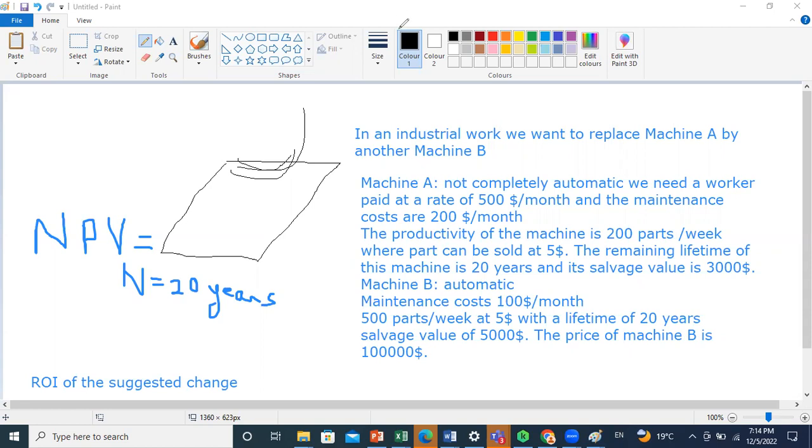So our choice will be to replace A by B. If you want to replace A by B, then you can sell A now. In general, the salvage value is the value of the system. Here we should give two salvage values. Why for machine A should we give two salvage values?